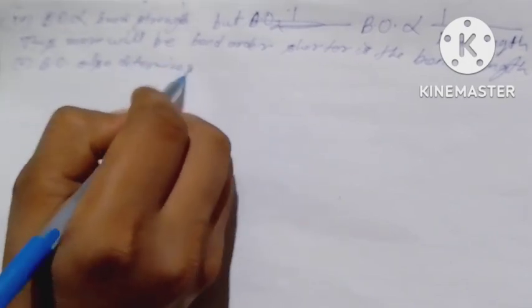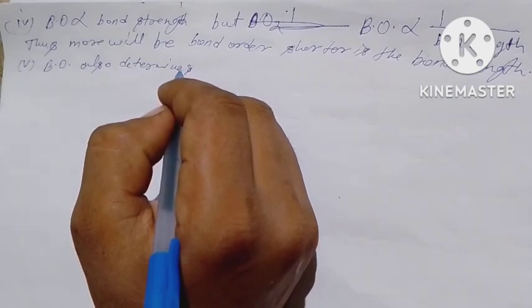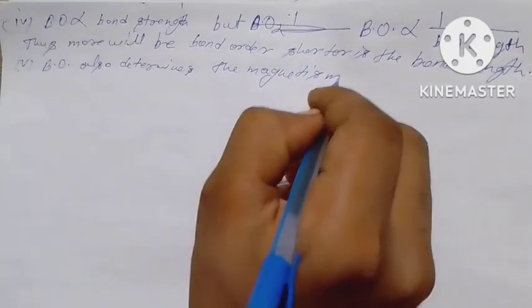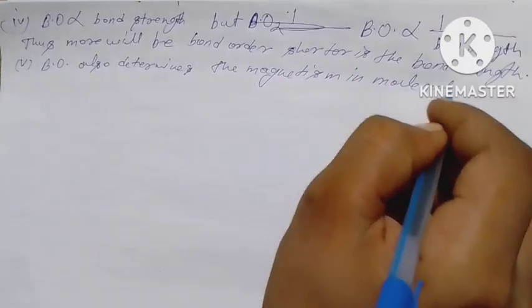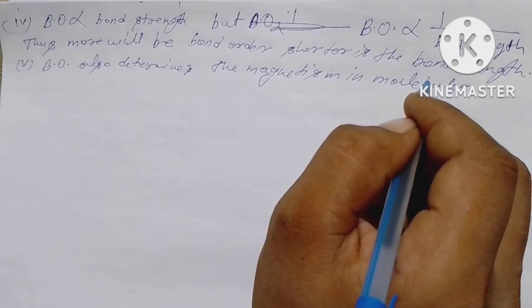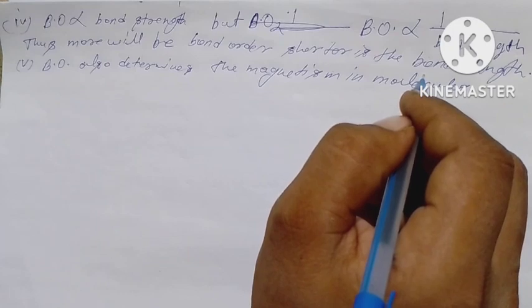Fifth point. Bond order also determines the magnetism in molecules, that is, magnetic behavior.